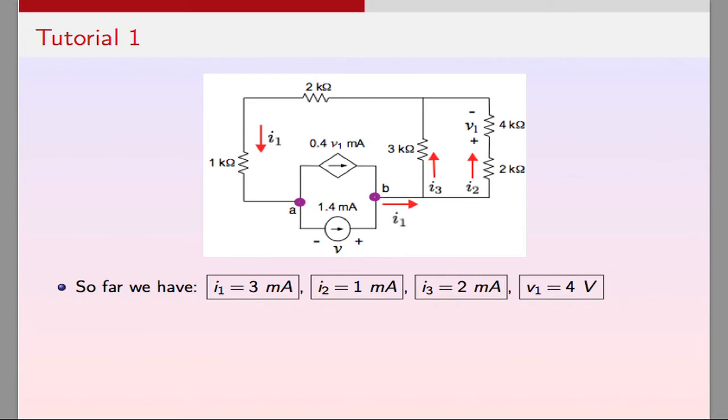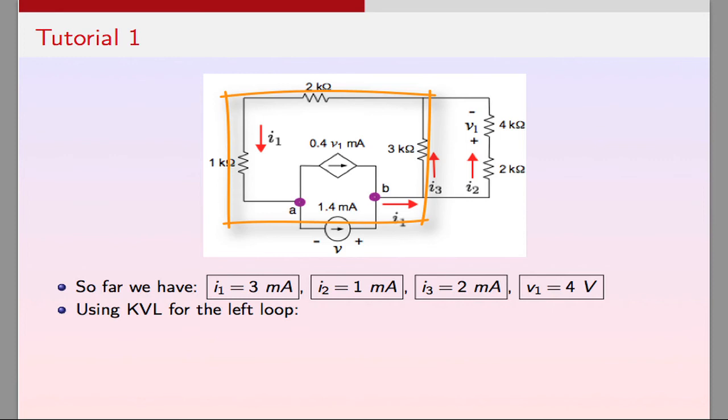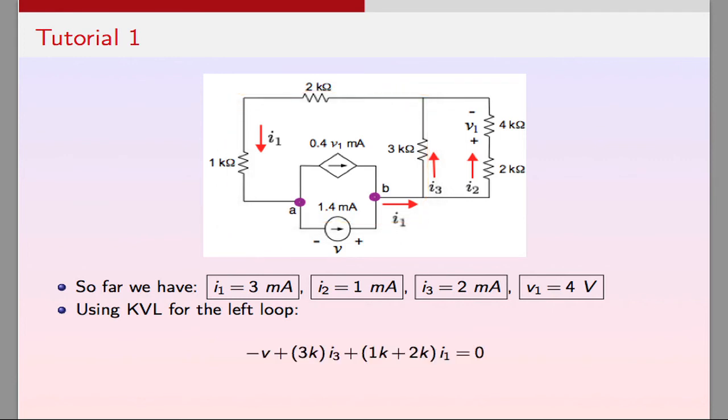Now in order to find the voltage V, we can do KVL on this left loop. Using KVL, we get the following expression: minus V plus 3K times I3 plus I1 times the sum of the two series resistances 1K and 2K.